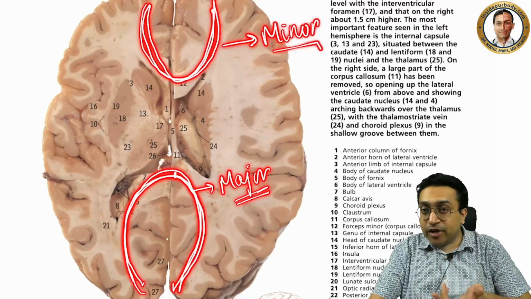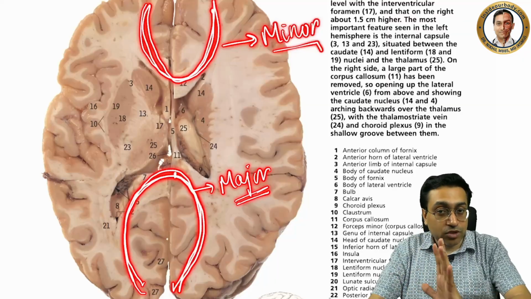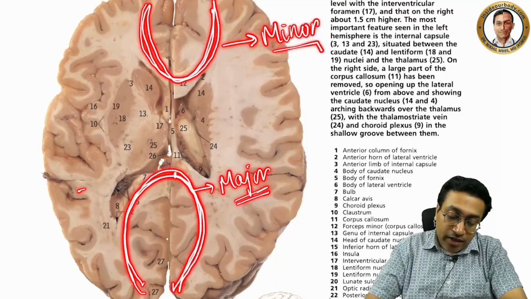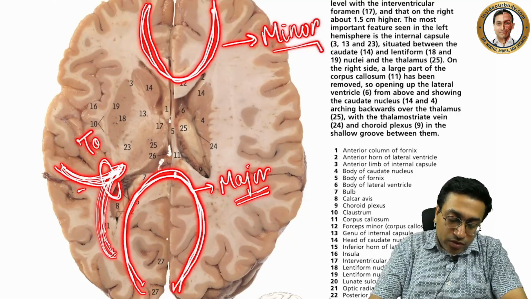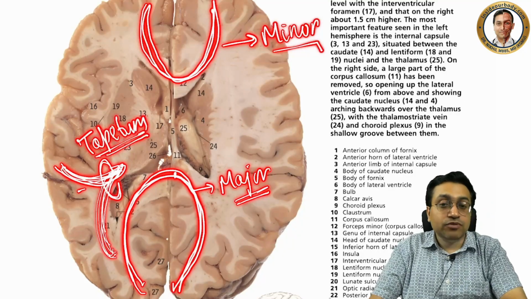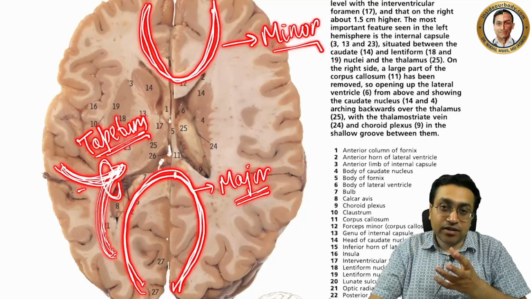There are other fibers also of the corpus callosum, which are the tapetum. You can see these fibers of white matter running in this manner. These are the fibers of tapetum. Now the word tapetum is used for the glistening white appearance.